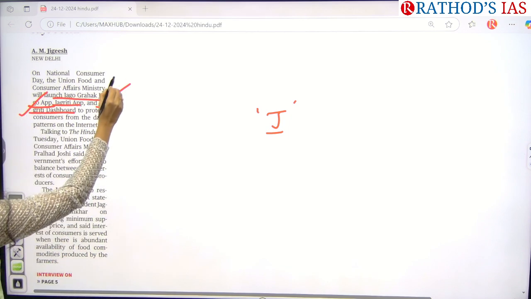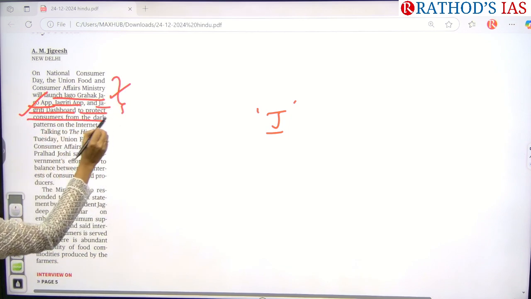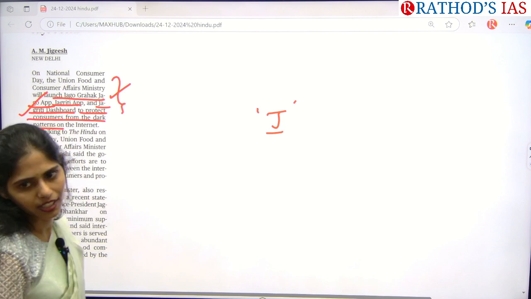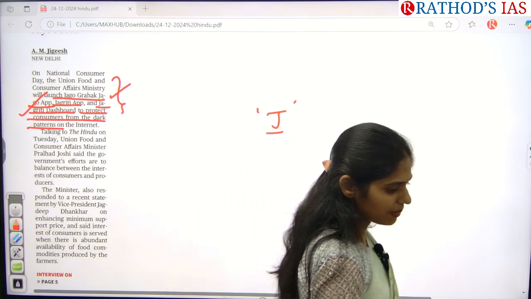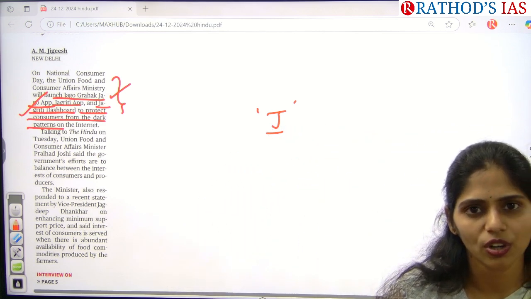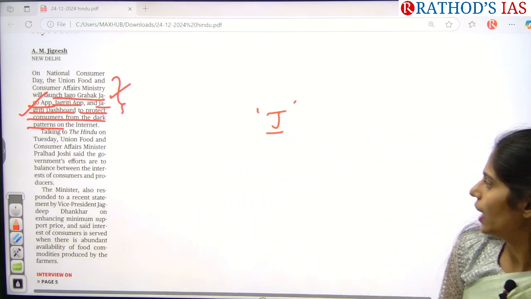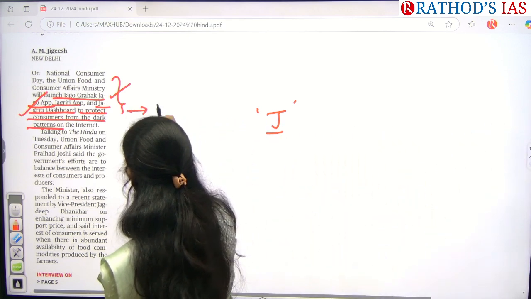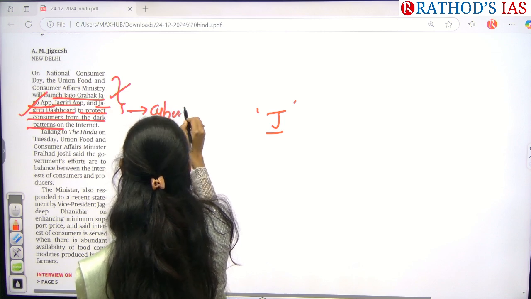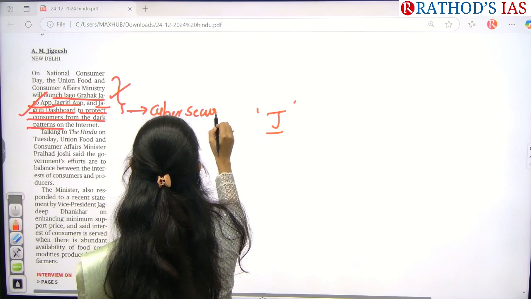Actually these 3 things are trying to protect consumers from dark patterns of the internet. Because of the internet, a lot of problems are happening, and you can take the example of cyber security issues.